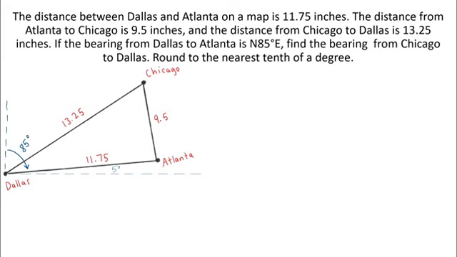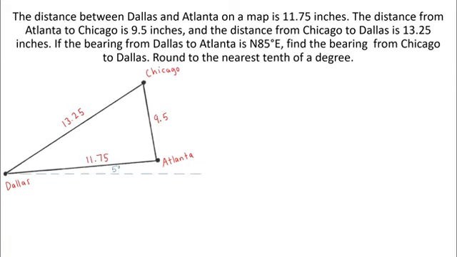Well, if that angle is an 85-degree angle, then this angle must be 5 degrees because the two measurements have to add up to 90 degrees when we're working with a north-south line and an east-west line. So we know that the measure of this angle is 5 degrees.